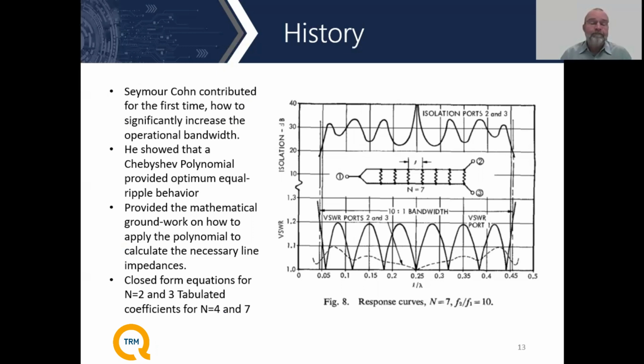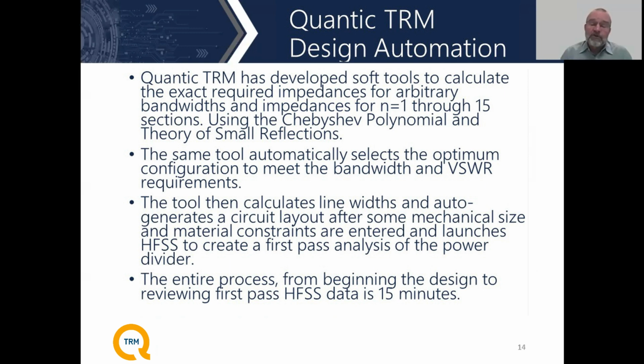Okay, well, how does TRM work with these various types of dividers then? Okay, so basically what TRM currently does is we have gone in there and taken all these concepts from all these papers, and we've developed software tools to be able to actually calculate this.